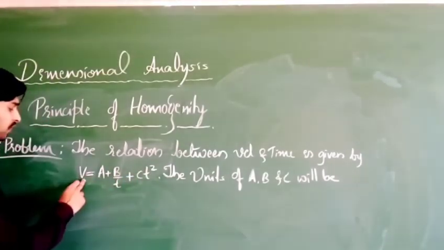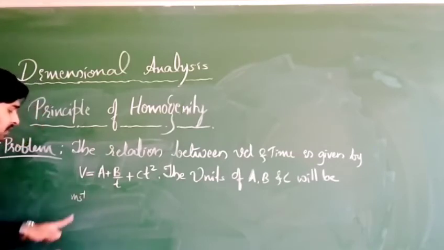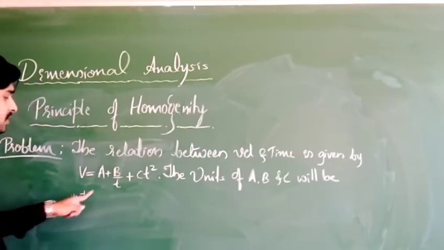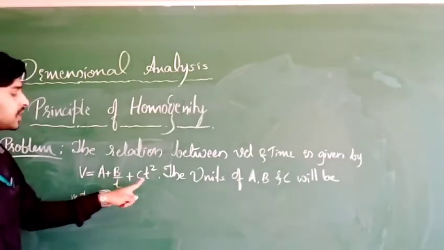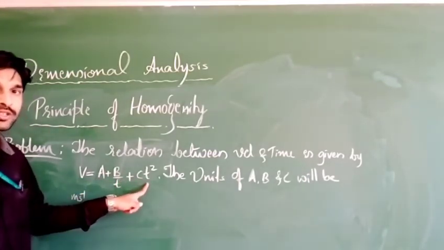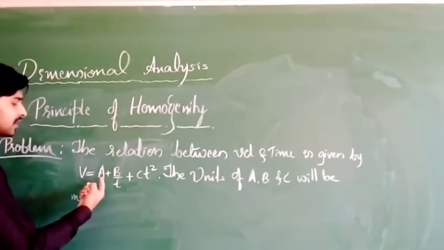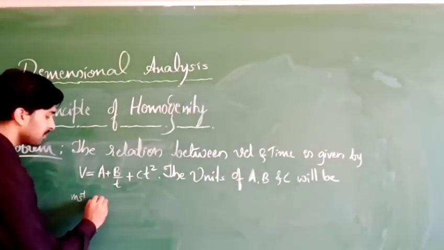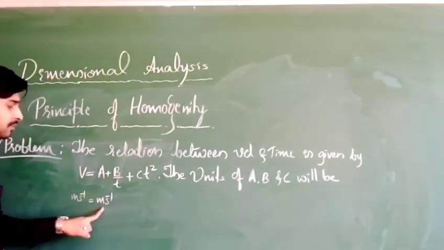Clear? So v is velocity, so here the unit will be meter per second, correct? Here the unit is meter per second, so all three terms should have meter per second. According to the principle of homogeneity, if a has to be meter per second, then the unit of a is meter per second.